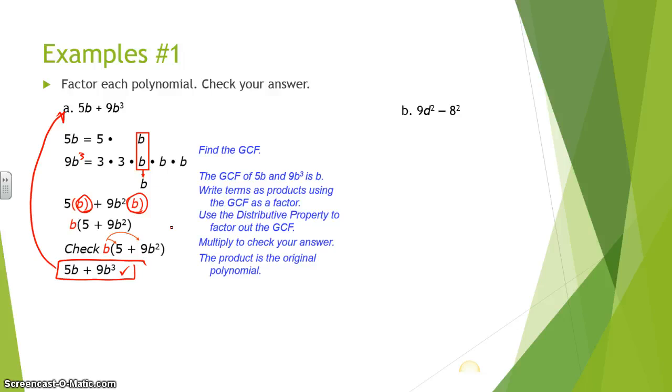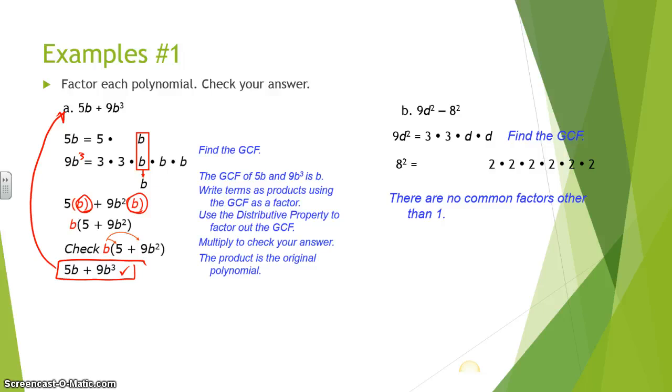Let's look here at B. We have 9d squared minus 8 squared, so we have to factor out each of these. Factor out 9d squared, factor out 8 squared. So 9d squared is 3 times 3 times d, and 8 squared is 2 times 2 times 2 times 2 times 2.